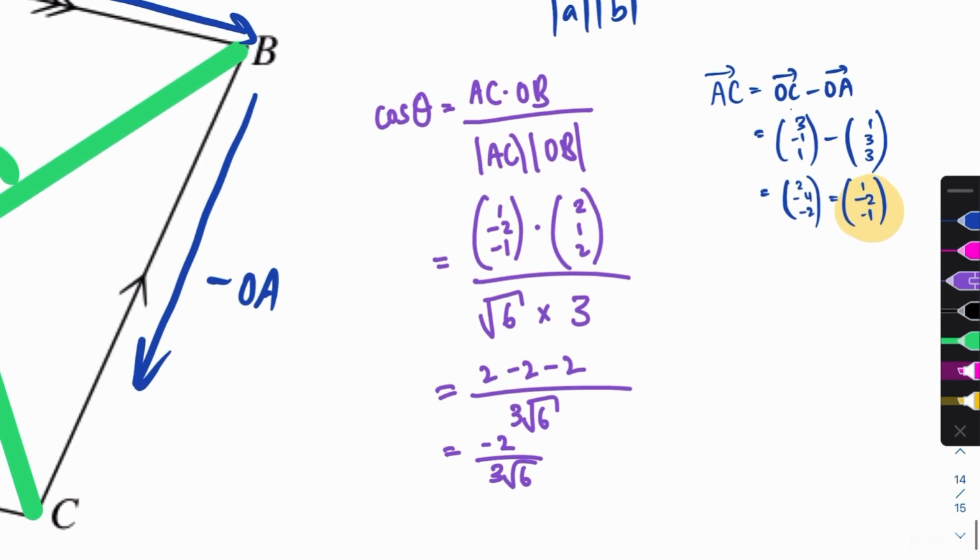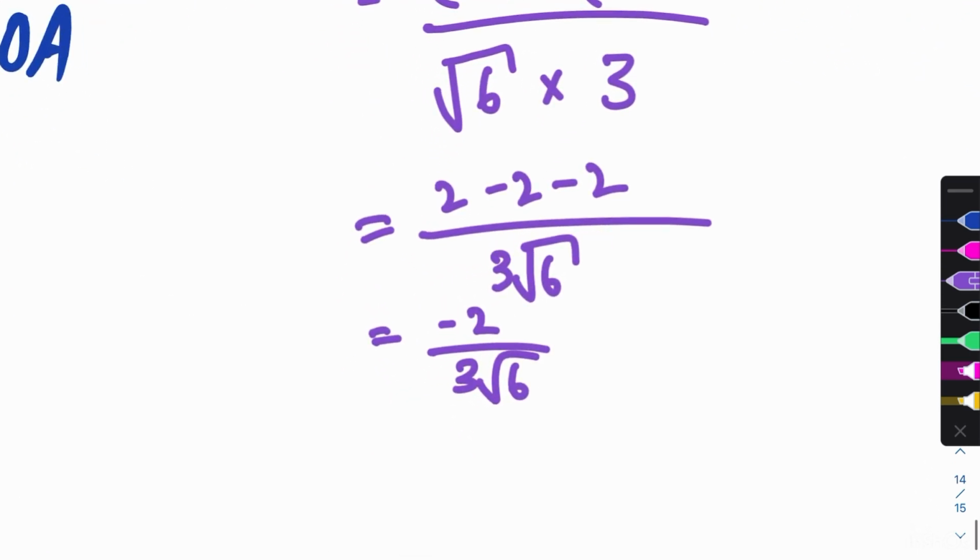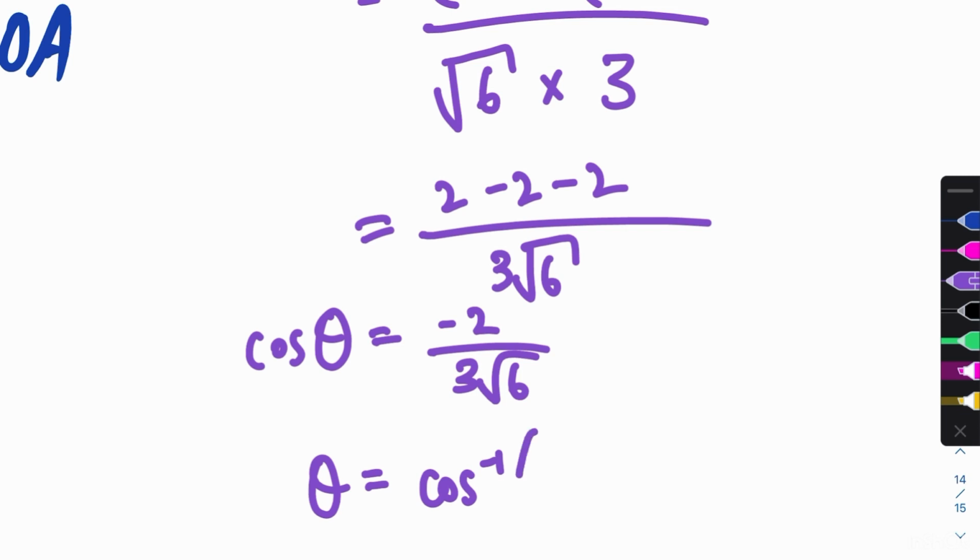And we need to find the cos inverse of this, because this is cos theta equals this. So theta equals cos inverse of 2 over 3 root 6. Divided by, I'm typing it into the calculator.